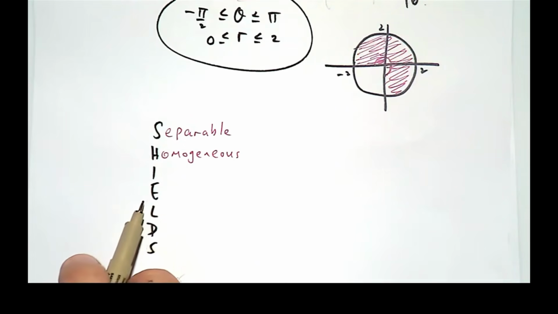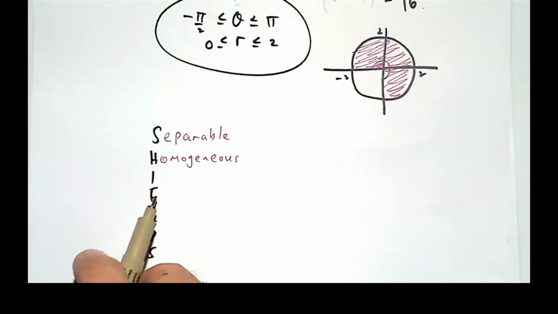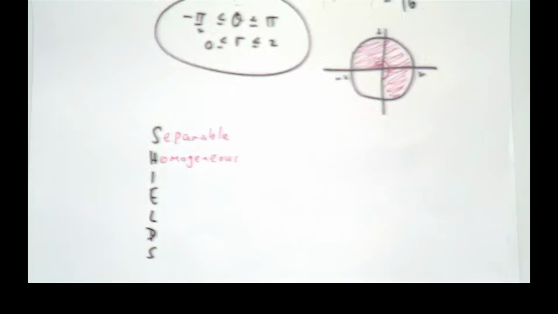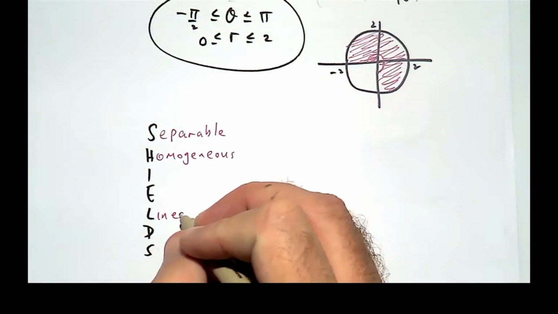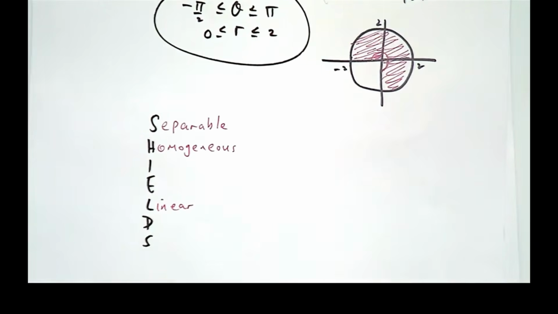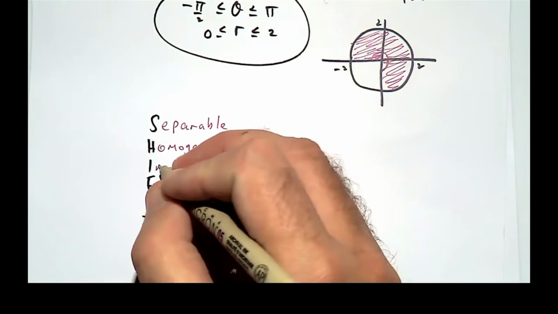What about E? Anybody know? We haven't really covered E in this course, but I'll get back to that. What about L? Linear. And for linear problems, we use something called an integrating factor.